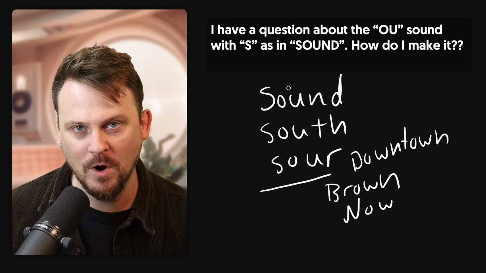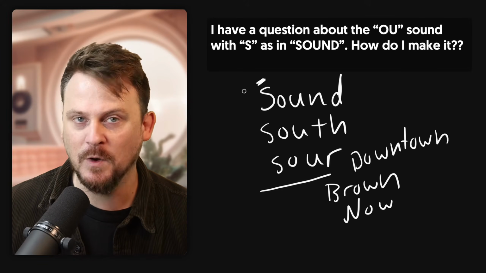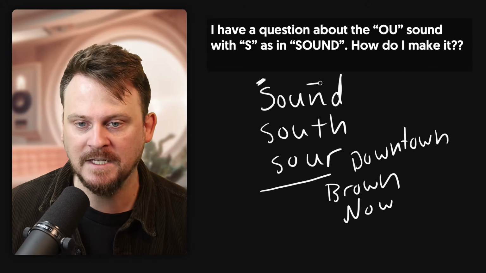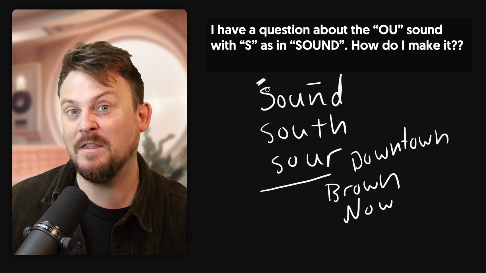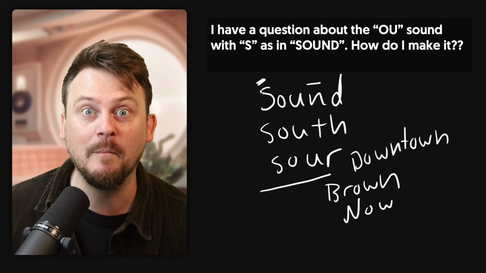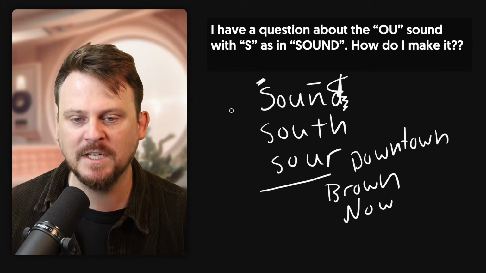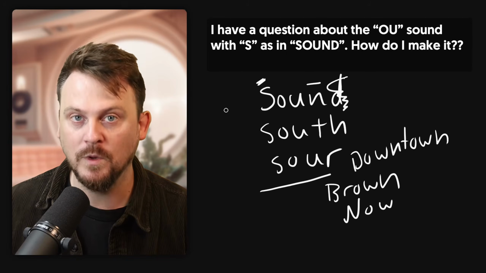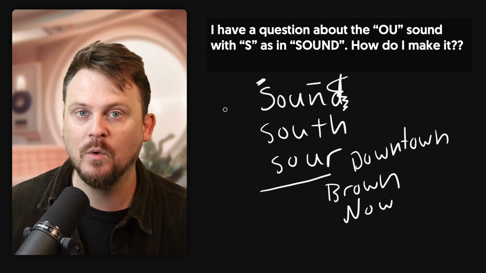Now, if we want to say that word, how do we do it? Well, this is an unvoiced S sound, s, not z. And this is the N sound, regular n. So what we need to do is put that thing we just learned in between them. That's all we have to do. Let's forget about D for a second, and we'll just say s, ow, n.